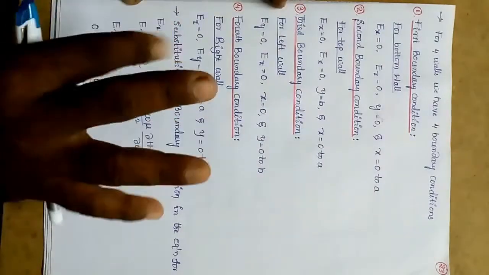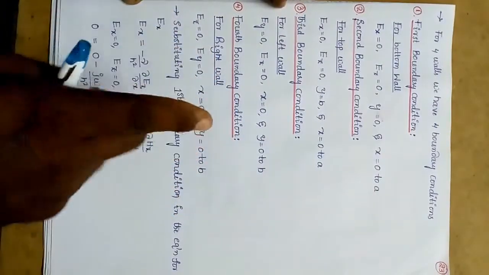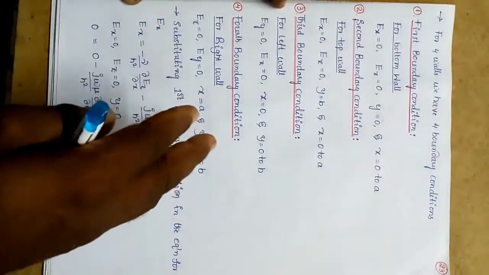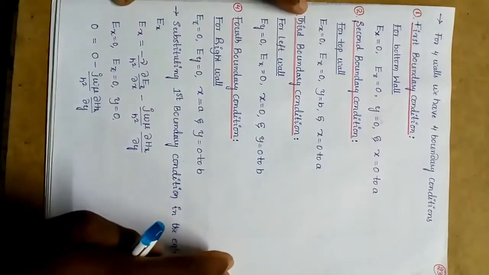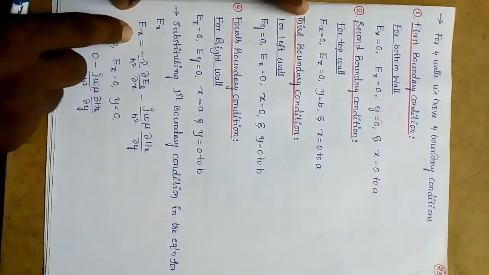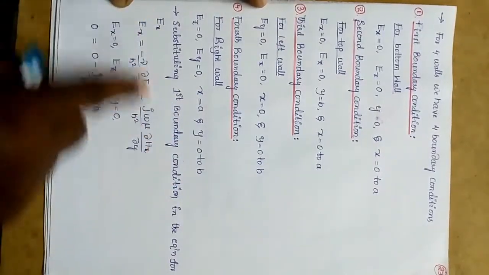These are all the expressions for the electric field and the magnetic field. On that particular topic you already studied. Okay, so once again I am writing the Ex equation, and this is the standard equation for Ex. So the first boundary condition is substituted in this equation. Okay, what is the first boundary condition?